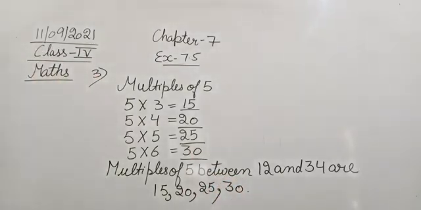So the multiples of 5 between 12 and 34 are 15, 20, 25 and 30.